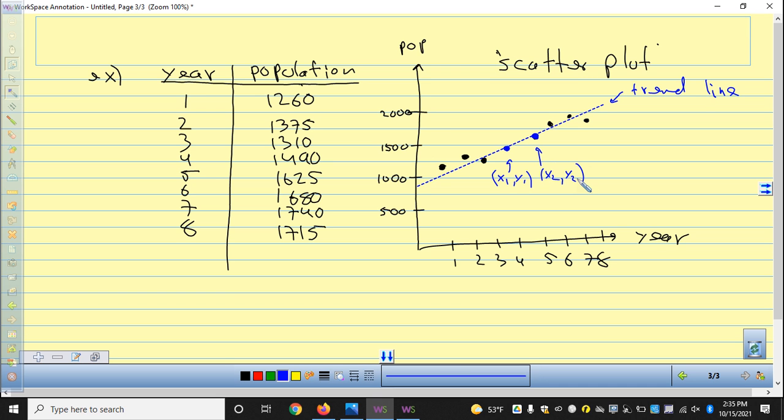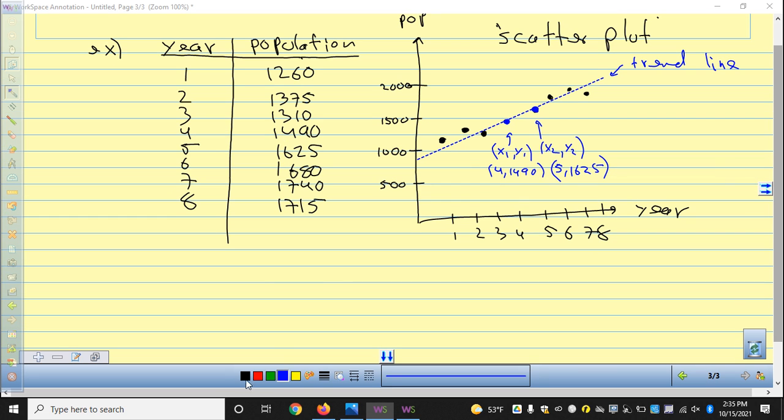I can use those 2 points to find my slope. Well, this point is 4, 1490. And this point is 5, 1625.